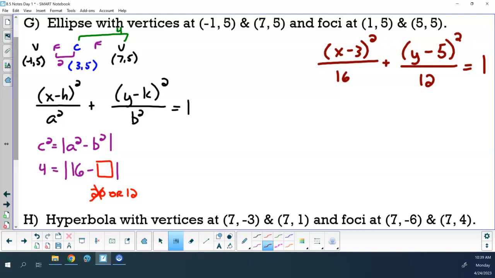Okay. Now, to convert that into the general form equation, first thing I'm going to do is multiply everything through by 48.